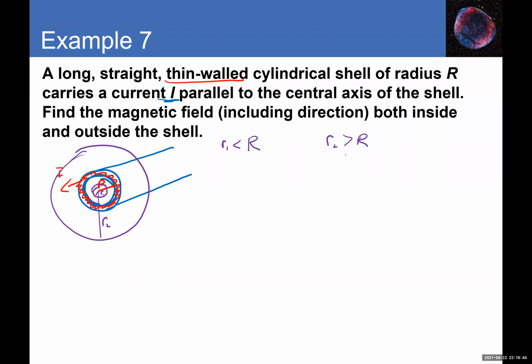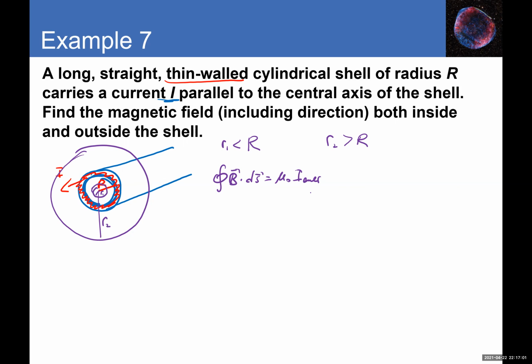All right, so then I can use my Ampere's law, where the closed integral of B dot ds equals mu naught I enclosed.